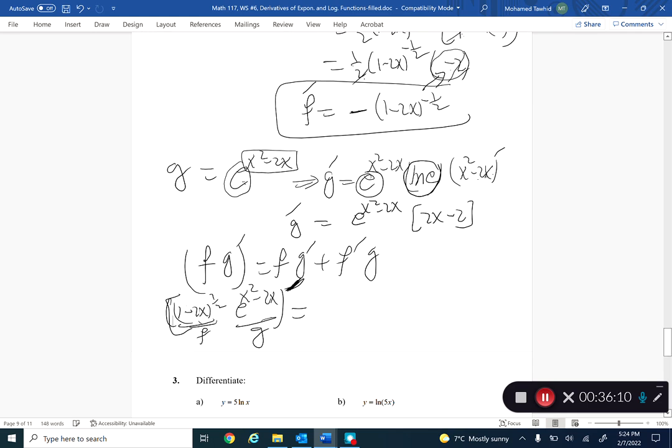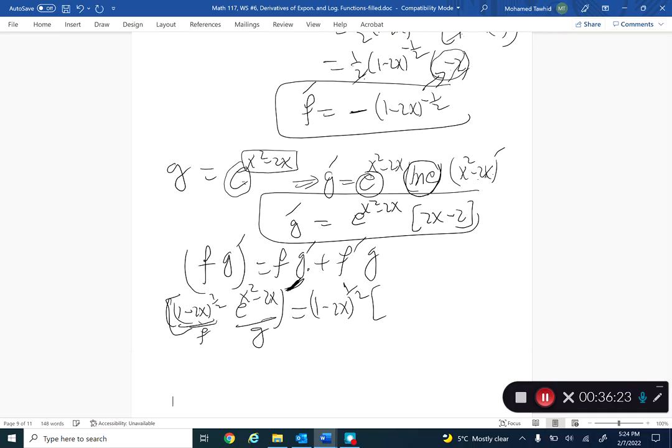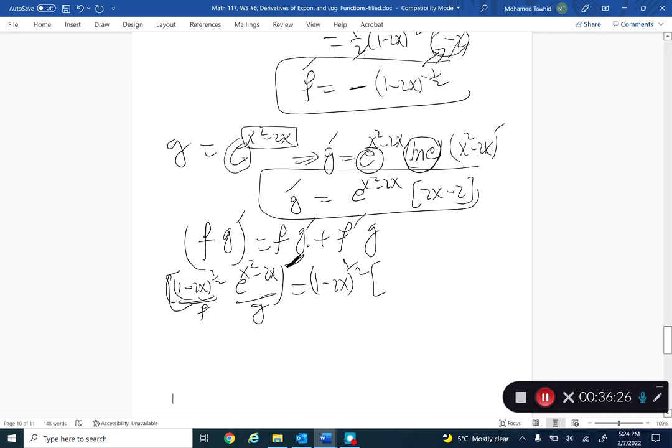F. What is your f? Just copy f, which is 1 minus 2x to the power 1 over 2. G prime. What is g prime here? Just copy g prime: e to the power x squared minus 2x multiplied by 2x minus 2, right? That is your g prime, and that is your f.